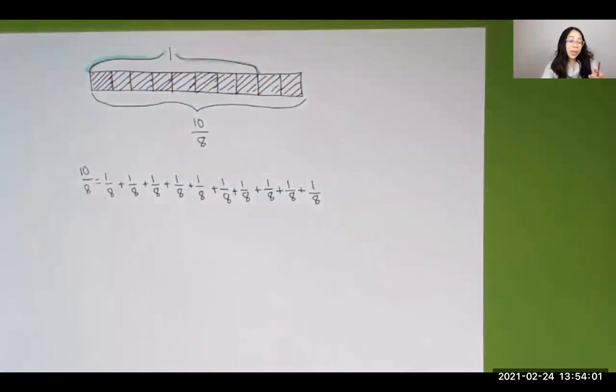Think, how many eighths are there in 10/8? There are 10. So how can we write this as a multiplication sentence? 10/8 equals 10 times 1/8.